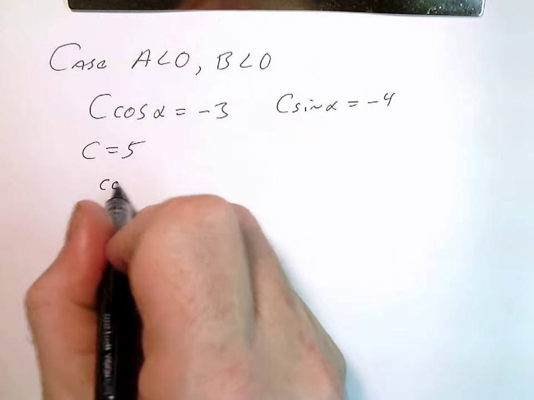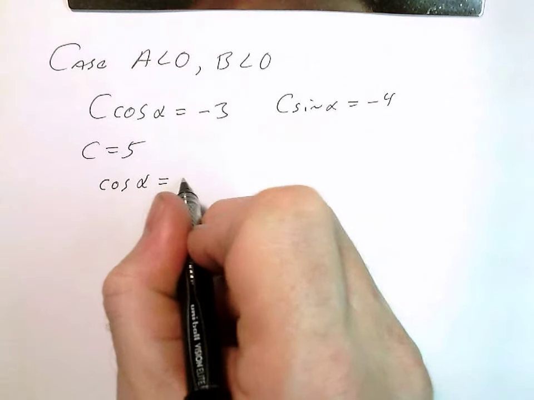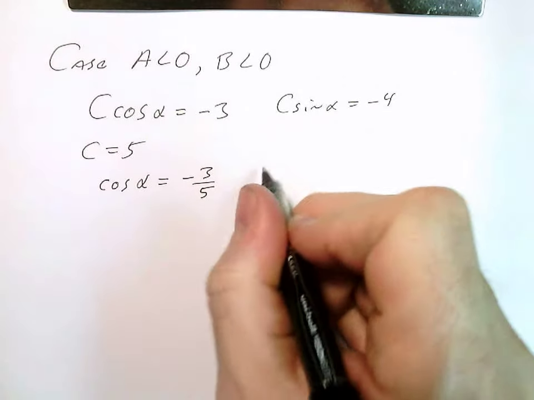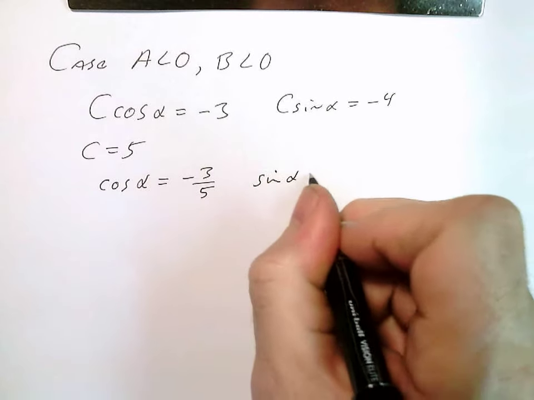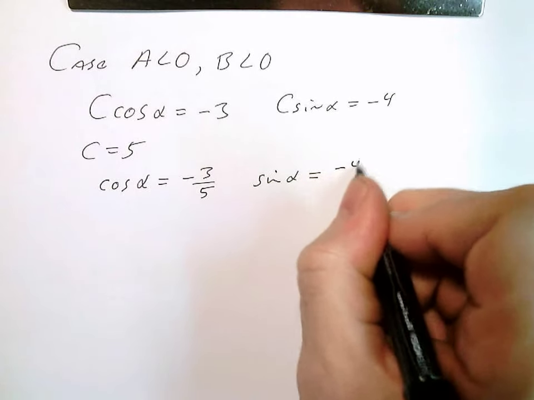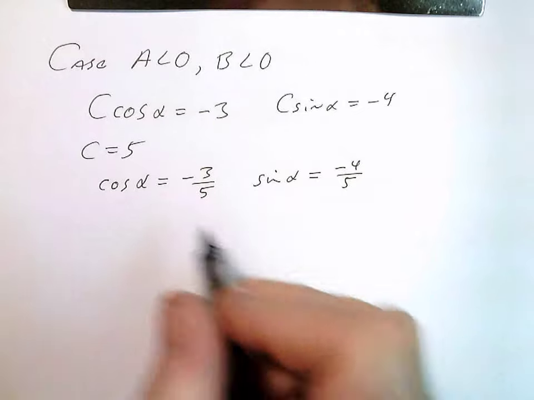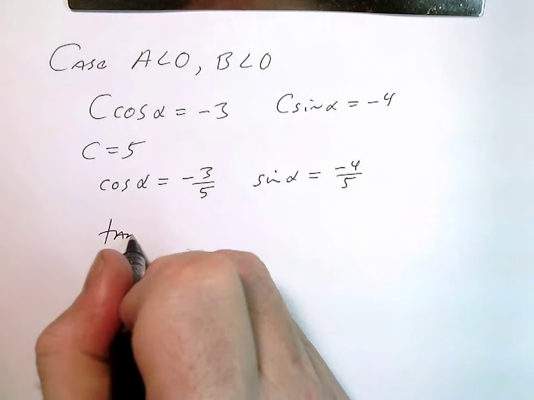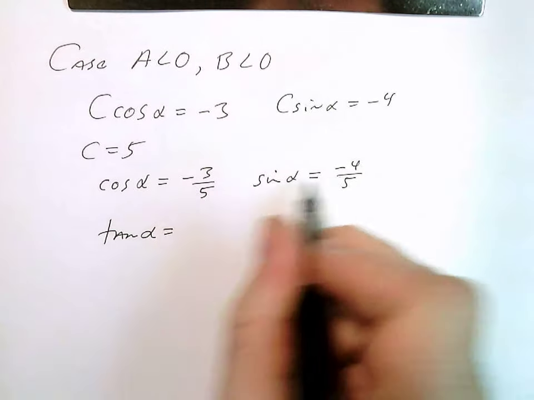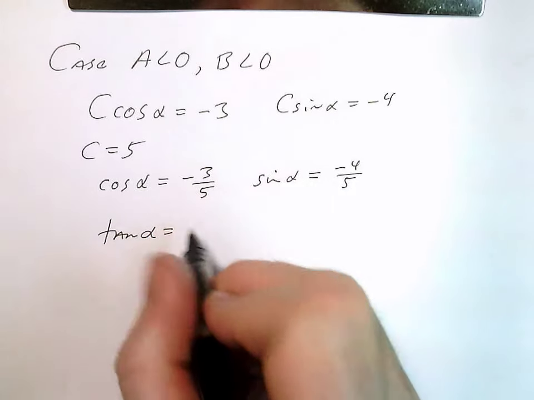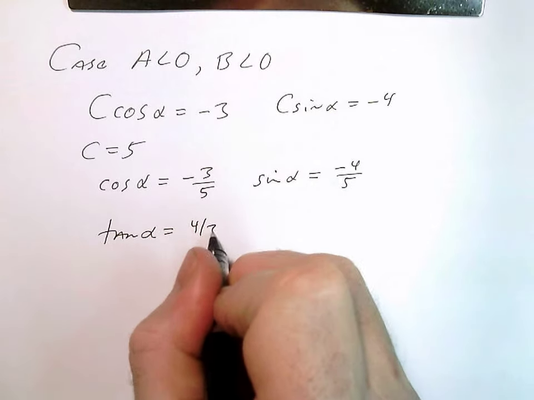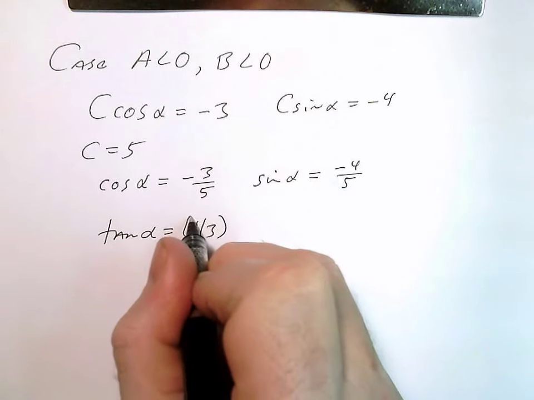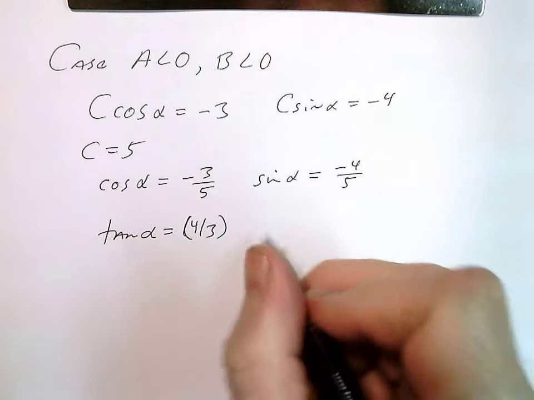And I have my cosine of alpha is negative 3/5, and my sine of alpha is negative 4/5. So my tangent of alpha, this divided by this, the 5's cancel, the negatives cancel, I have 4/3, right?